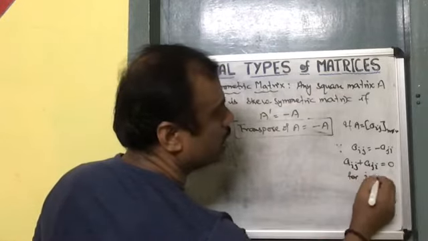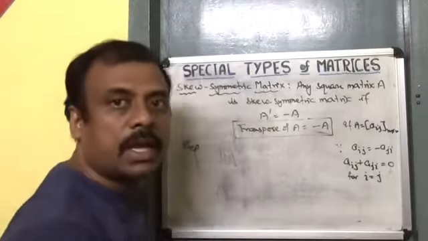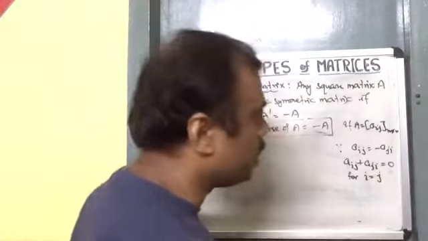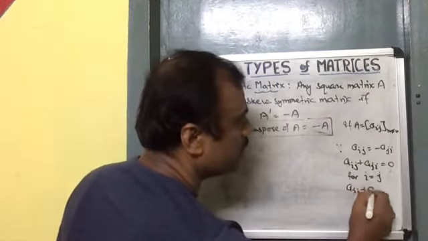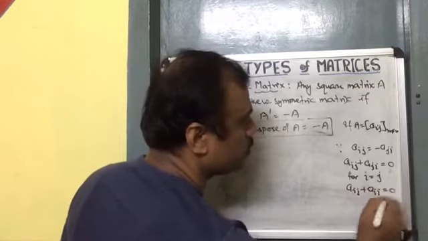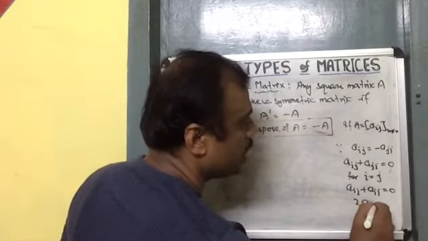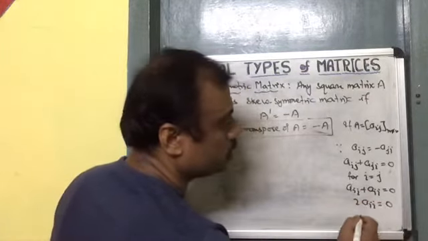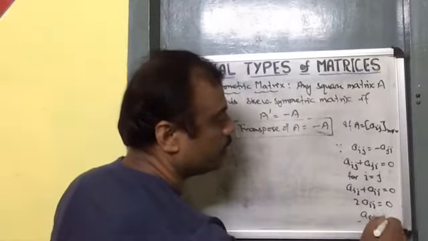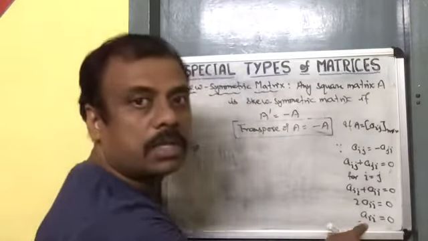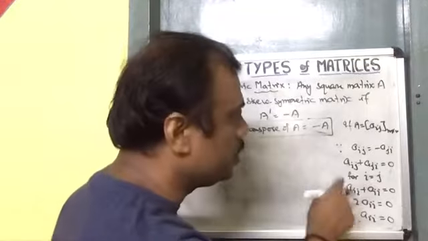For i equals j, meaning the elements on the main diagonal, Aii plus Aii equals 0, so 2 Aii equals 0. Since 2 cannot equal 0, Aii will be 0. It means all the elements on the main diagonal will be 0.